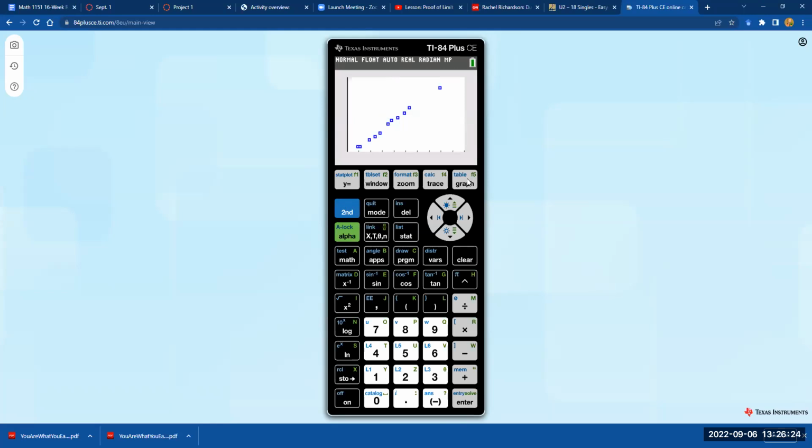And the question for number 4 was, what is the relationship between the graph and your answer to number 3? And I'm just going to pause for a second while I try to get some answers.